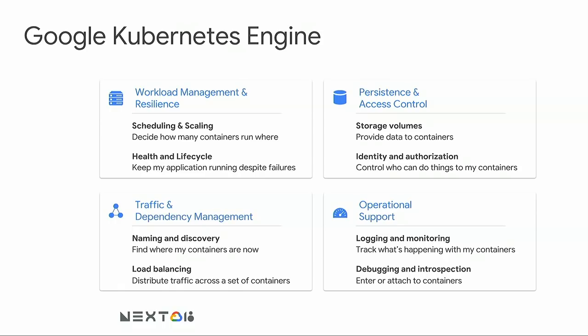What about day two type models around operations, monitoring, logging? How do you expose containers to the outside world so that they can be consumed by external applications? Those are the kinds of things that Kubernetes really helps solve. And Google has had a managed Kubernetes offering for the last 3 years.